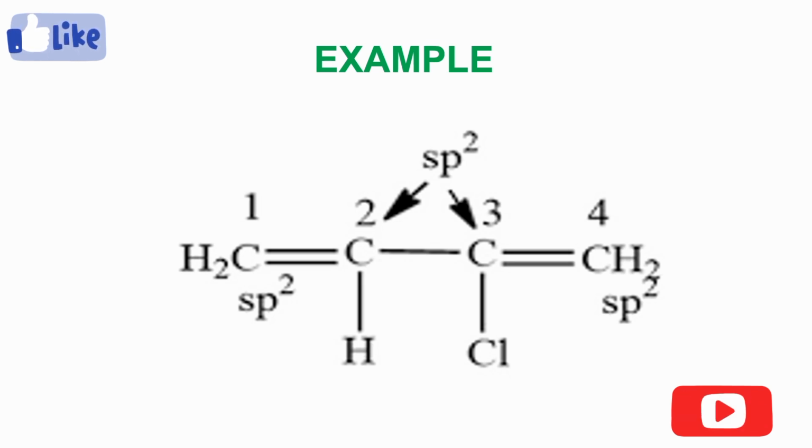Carbon 1 is sp2, carbon 2 is sp2, carbon 3 is sp2, carbon 4 is sp2. All the carbons are sp2 because carbon 1 is connected to a double bond, carbon 2 is also connected to a double bond behind, carbon 3 is connected to a double bond in front, while carbon 4 is connected to a double bond behind. So all of them are sp2 hybridized carbons.